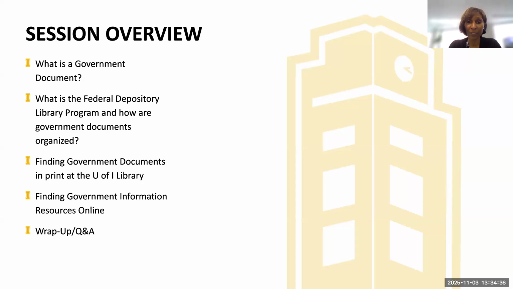Then I'll talk about how to find government documents in print here in the UI library and do a sample search in our Primo library catalog, and then give some resources on how to find government information online. At the end, I'm happy to take questions, or you can stop me along the way.